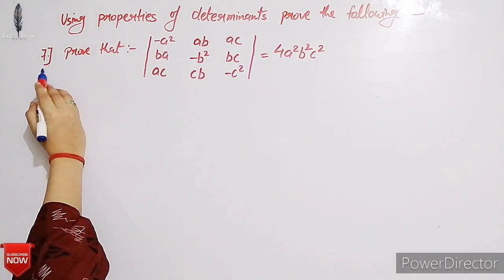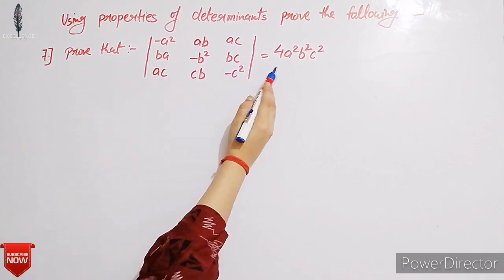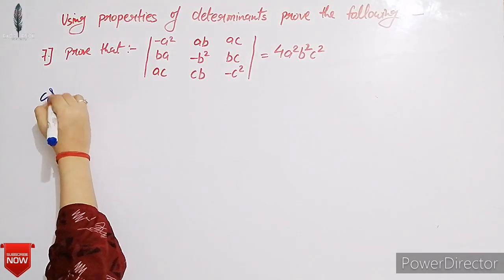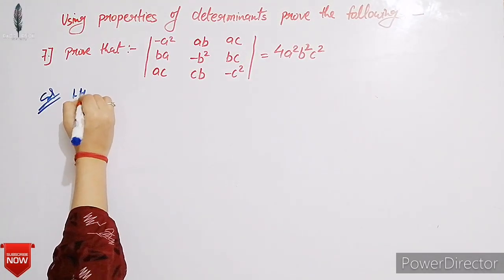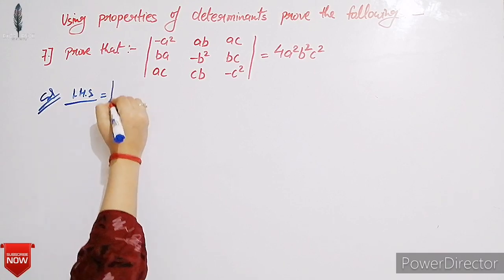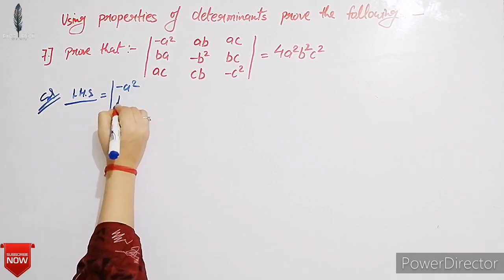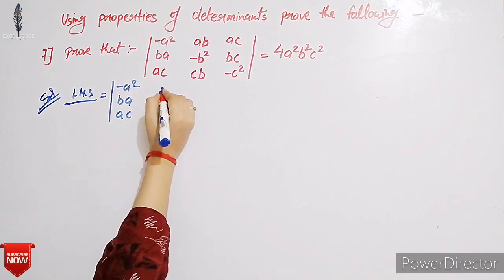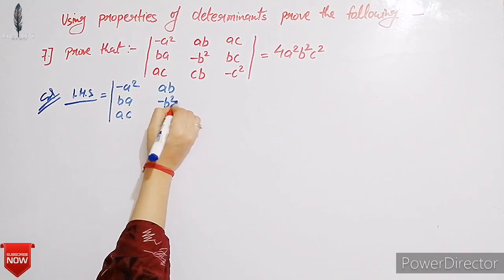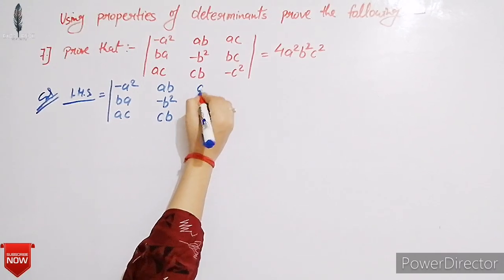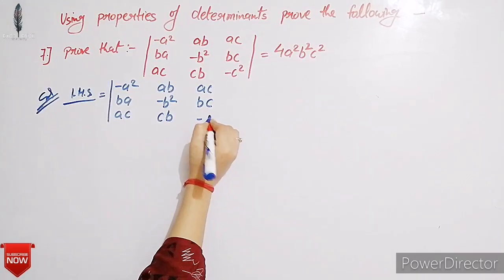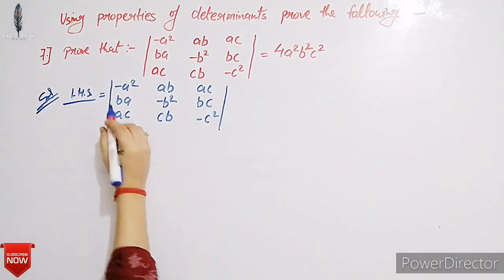Question number 7. Here we have to prove that the given determinant is equal to 4A square B square C square. Here LHS part is equal to minus A square, BA, AC, C2 is AB, minus B square, CB, and here AC, BC, minus C square.